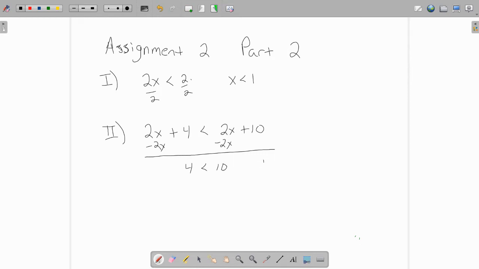So the question is, is this a true statement? Is 4 less than 10? Yes, it is. So that tells us the answer to this is all reals, which will be a clickable option in ALEKS, or all real solutions. We'll look at it the next page.